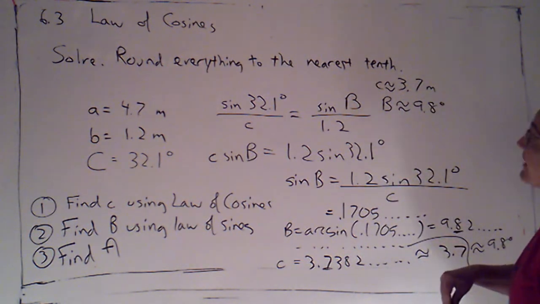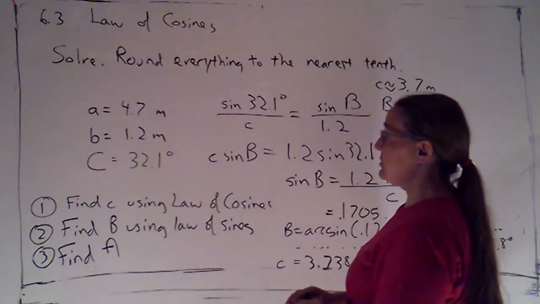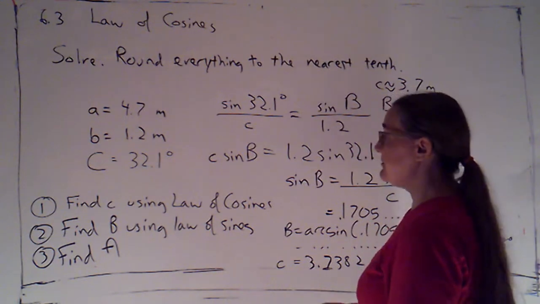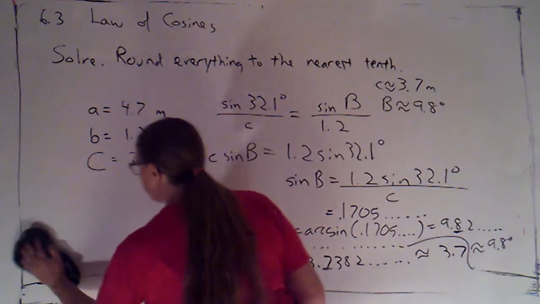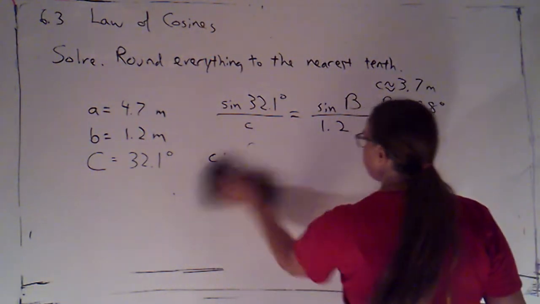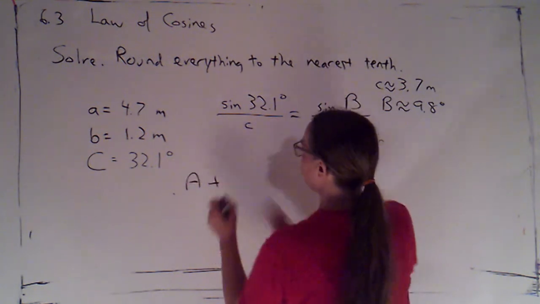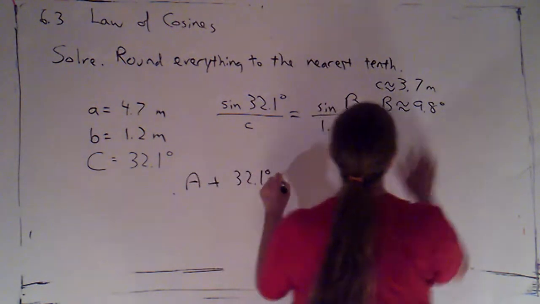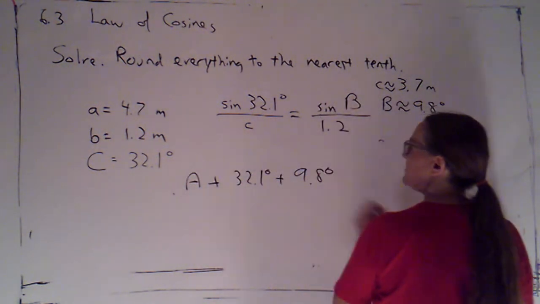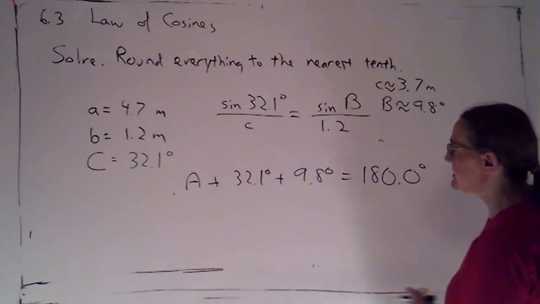And then finding angle A, I can do by simply using the fact that the angles in a triangle have to add up to 180 degrees. So A plus 32.1 degrees plus 9.8 degrees has to equal 180.0 degrees.